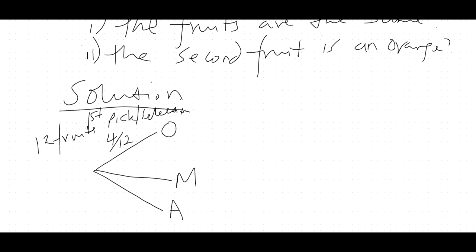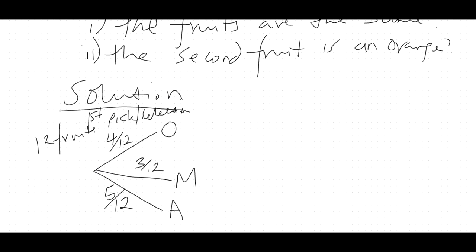So the probability that you pick a mango will be 3 out of 12. The probability that you pick an apple will be, you have 5 apples in that basket out of the total number of fruits, that is 12.